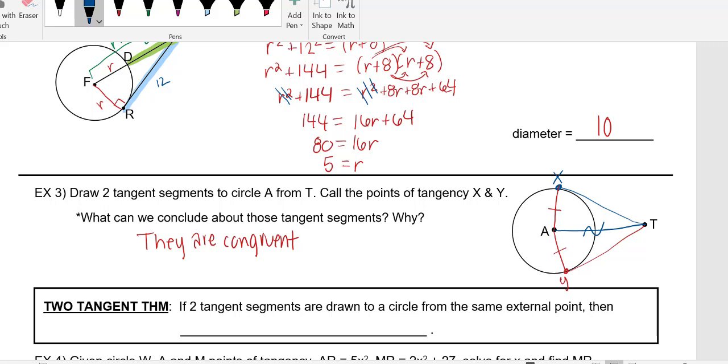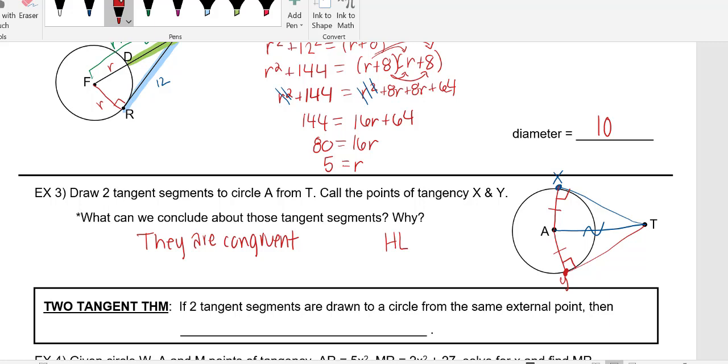That's the reflexive segment. So we have two pieces in both of those triangles, in that top triangle and that bottom triangle. Something that we can also put in deals with our radii drawn to our points of tangency, that theorem that we just learned today. So at that point of tangency at Y and also X, we can put those right angles. So we know that each of these triangles are congruent by HL.